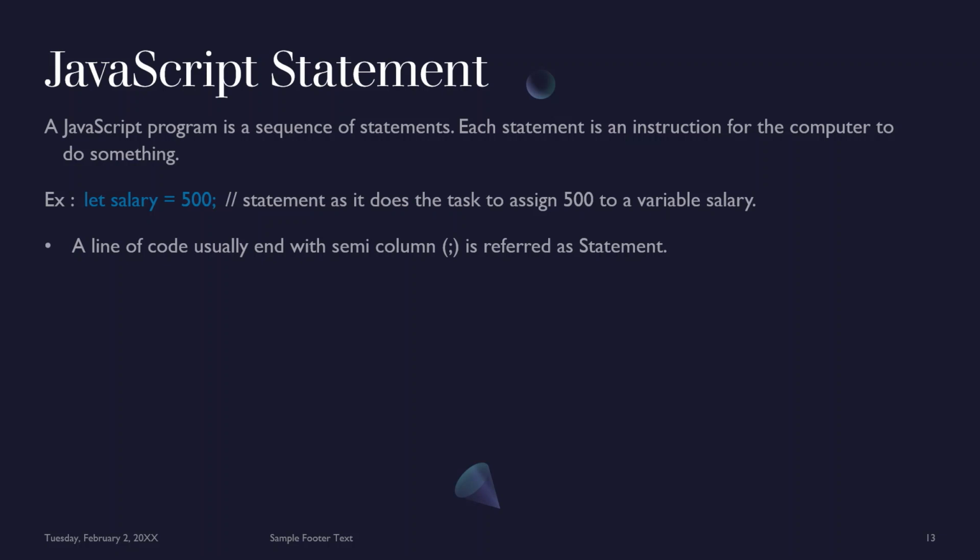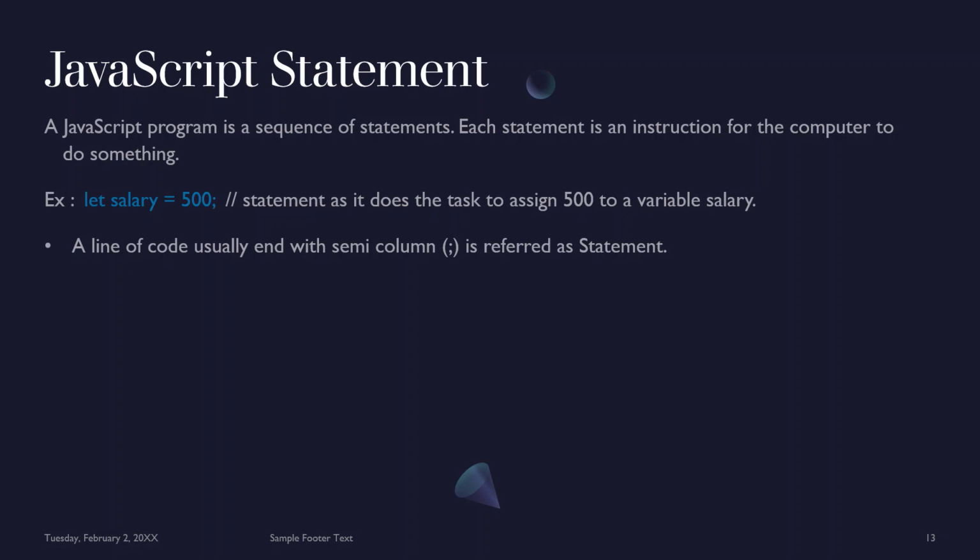This is a statement because it is giving an instruction to the computer to assign 500 to a variable named salary. Most of the time, a statement ends with a semicolon. It is recommended to end a statement with a semicolon, but it is not mandatory.